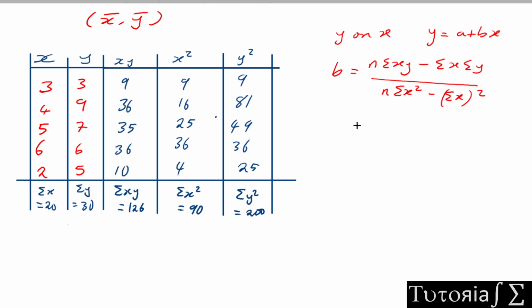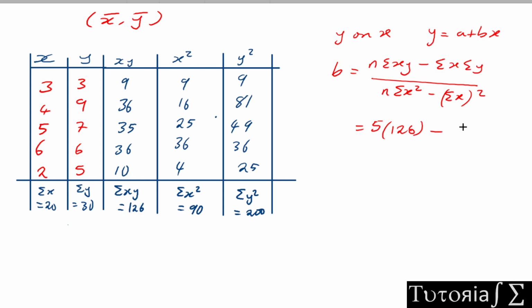Putting in the values, n will be the number of variables that we're looking at. So that is 1, 2, 3, 4, 5. So n is 5.